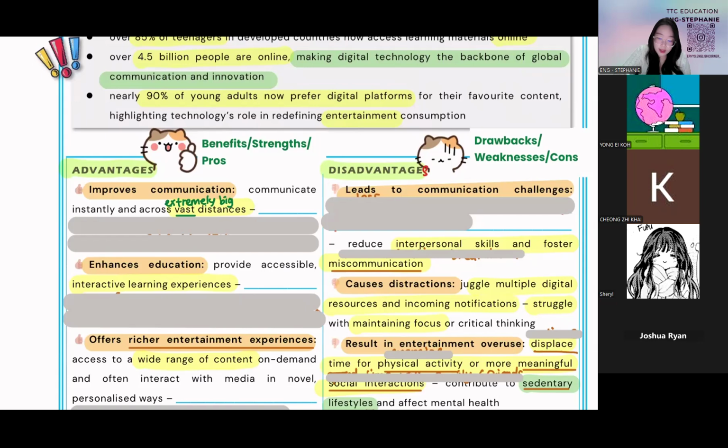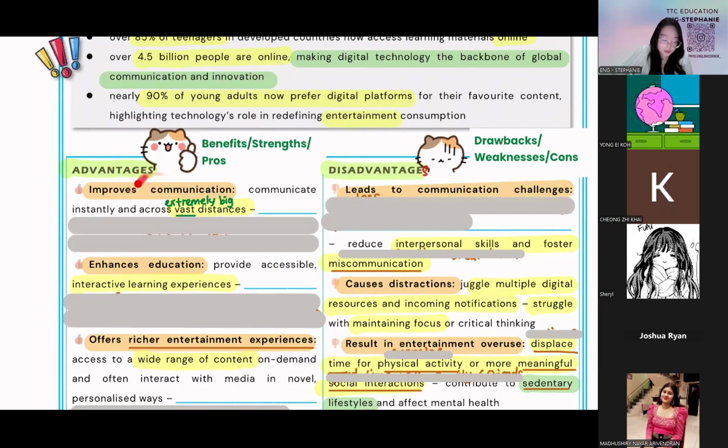First thing first, advantages are all the good things about the technology. So there are 3 points that I've prepped for you, because I believe according to what we'll be writing, you don't have to prep more than 3 points. Usually it's just singular points or plural form, and for plural, usually 2 points will be sufficient for each paragraph. Okay, so the first one is improve communication. It can help you to communicate instantly across vast distances. Vast distances means extremely big distance.